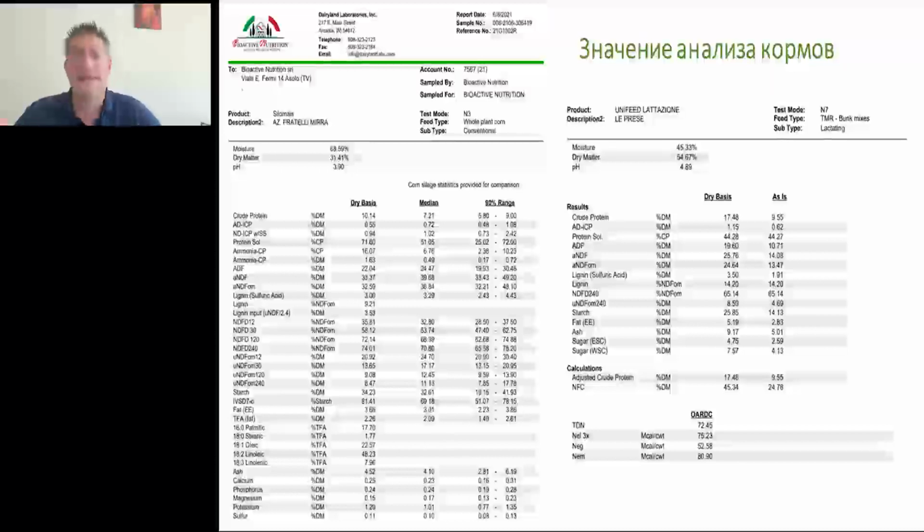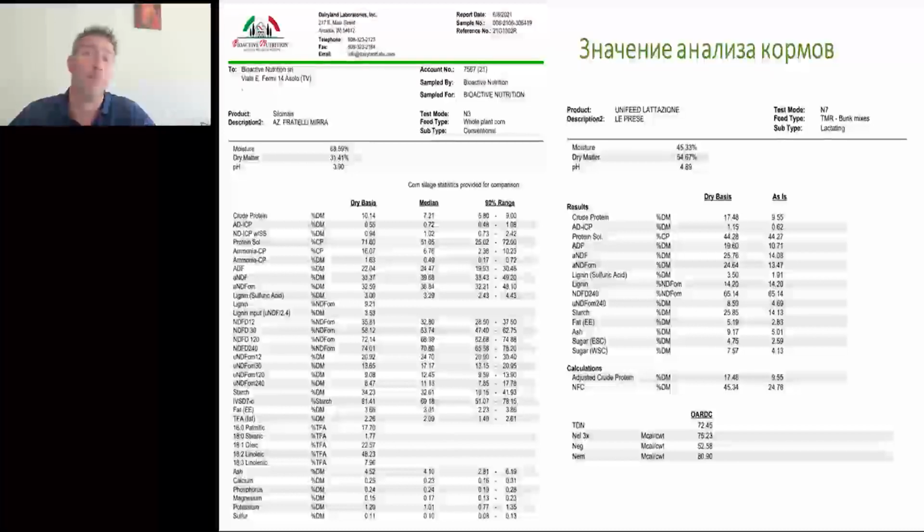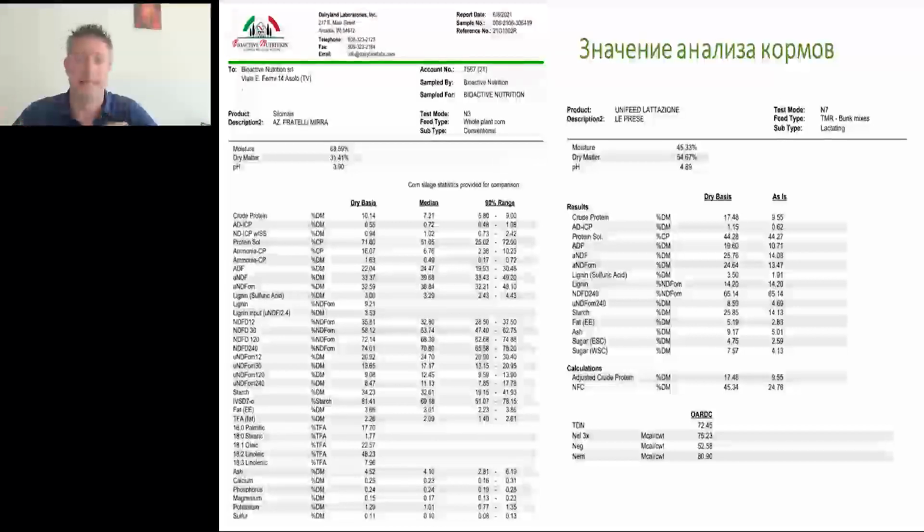So the ideal percentage of uNDF240, at 10 days, in a complex, overall diet should be from 8 to 9%. In the next slide, I have reported the scheme.